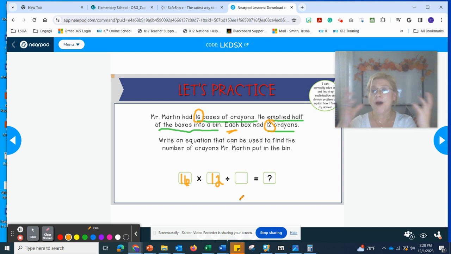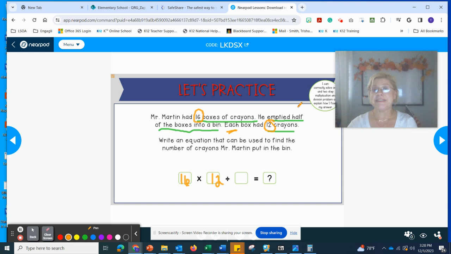We know how many crayons he has. He has 16 times 12. You're like, I don't know how to do two digit by two digit. That's okay, because guess what? They're not asking you to actually solve it. They're just asking you to create the multiplication problem or the equation. So 16 times 12.